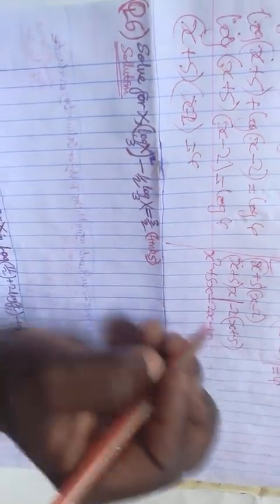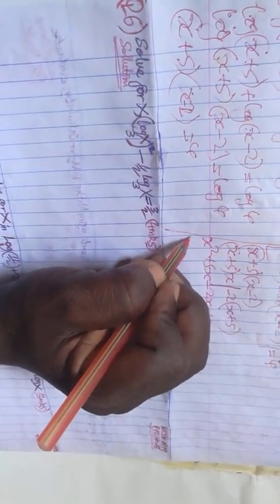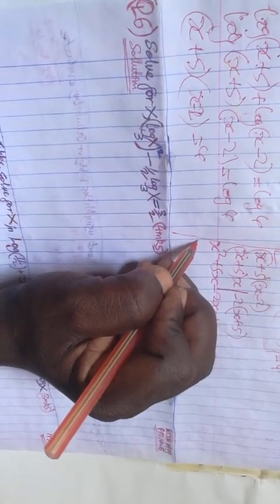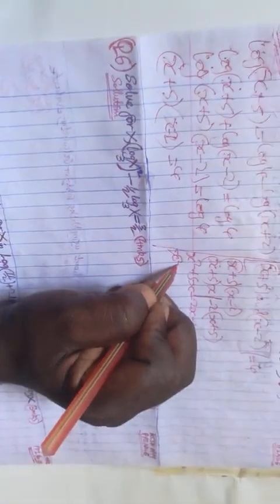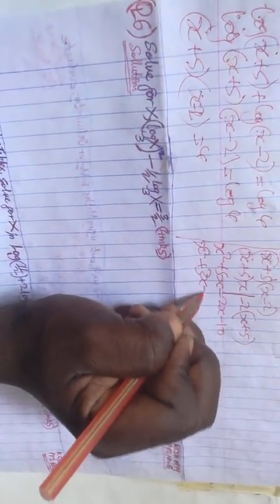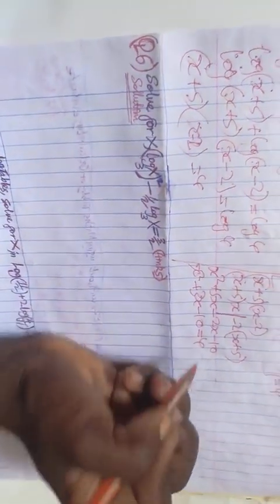This further gives us x squared plus 3x minus 10 is equal to 4.